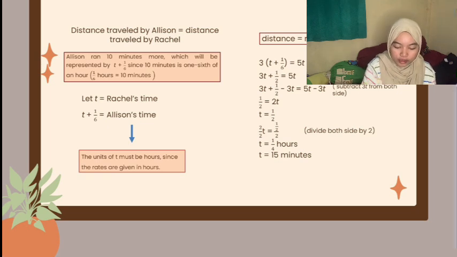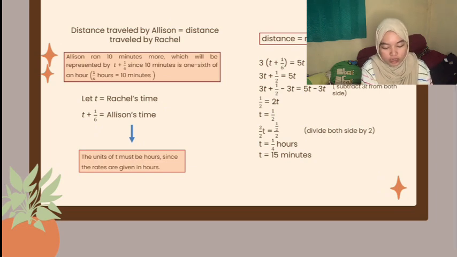Let t equal Rachel's time, so t plus 1 over 6 equals Alison's time. The units of time must be hours, since the rates are given in hours.